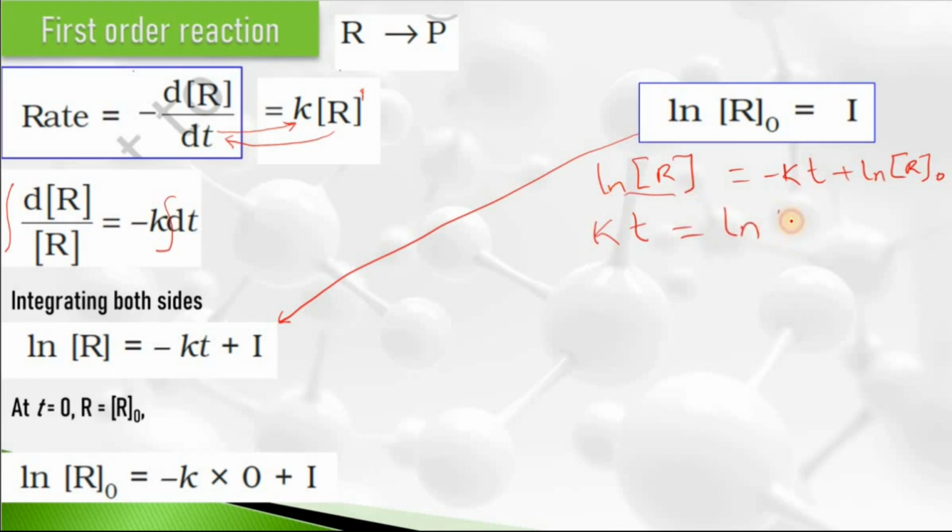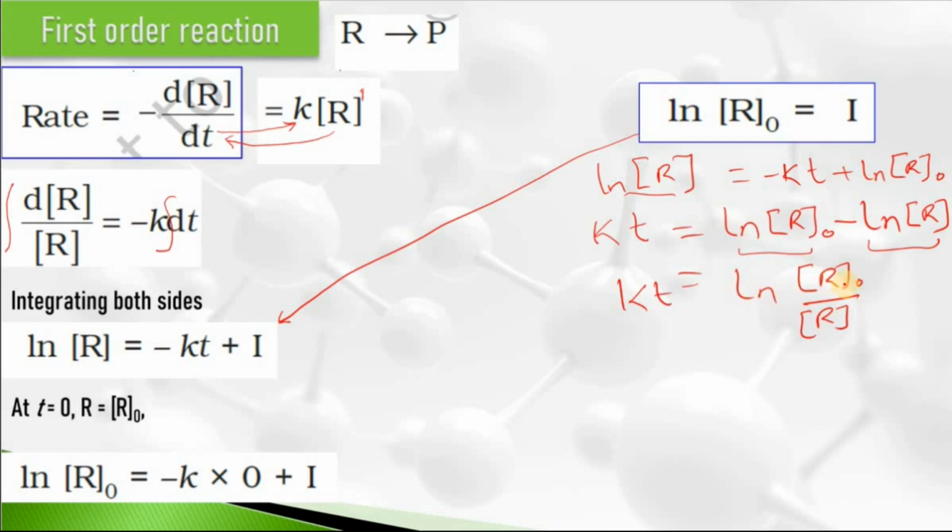So it becomes kt equals ln of R naught, which is already present on right hand side, minus ln of R. Now when two log terms are being subtracted, that means the variables are getting divided. So kt becomes ln of R naught upon R.